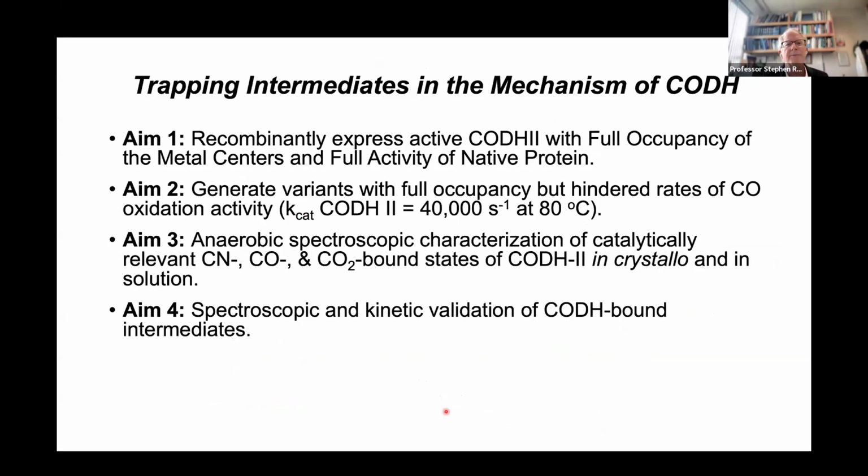So our aims are to recombinantly express this protein with full occupancy of metal centers and full activity of the native protein, and to generate variants with full occupancy but hindered rates of CO oxidation activity.